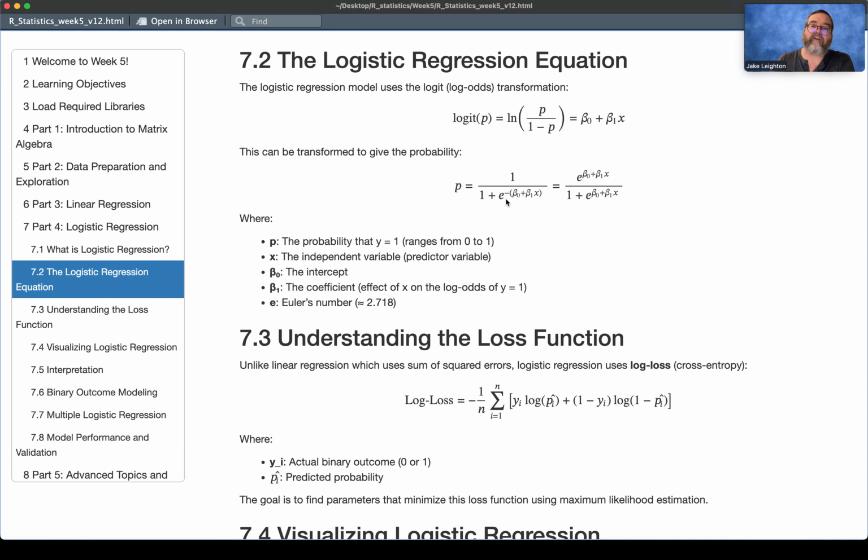This is what we'll actually be using to solve for our beta coefficients. Another way of looking at this is you're using the logit function, which is similar to the sigmoidal, to solve the linear model for the natural log of p over 1 minus p, which is a probability-like quantity.